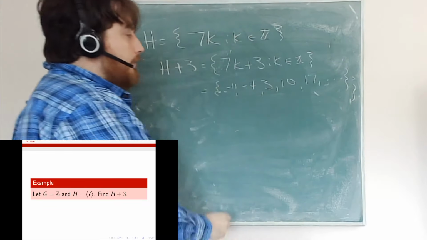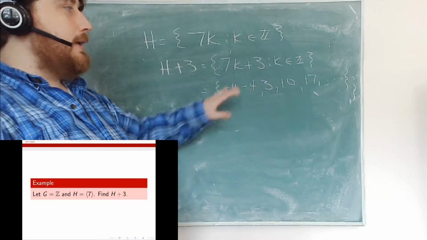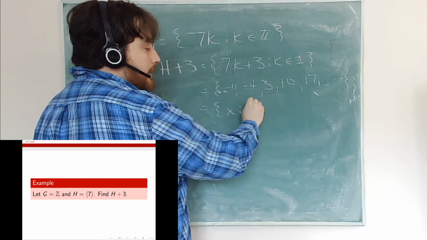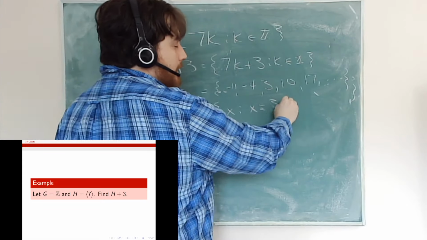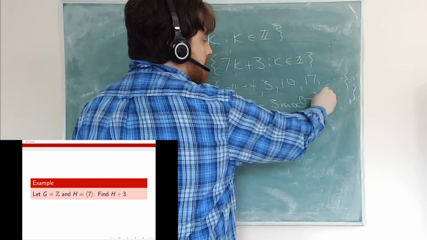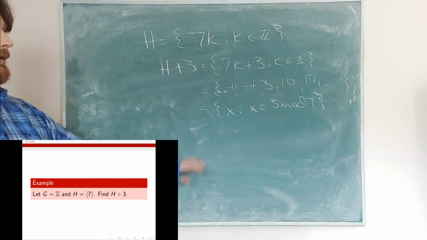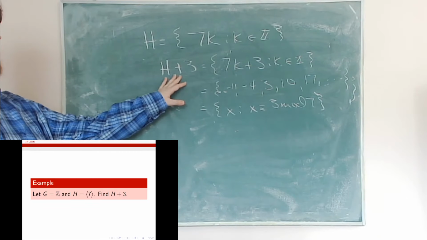And so I would get all the things that are congruent to 3 mod 7. So this is all x such that x is congruent to 3 mod 7. So that would be my description of the right coset with 3.